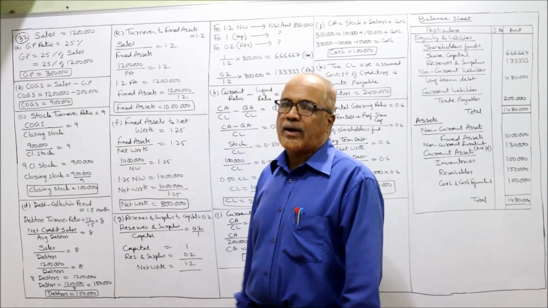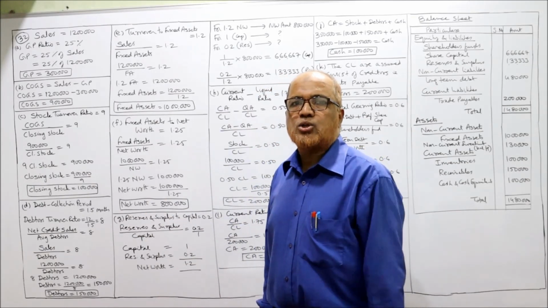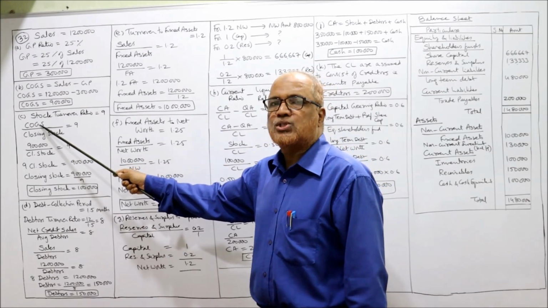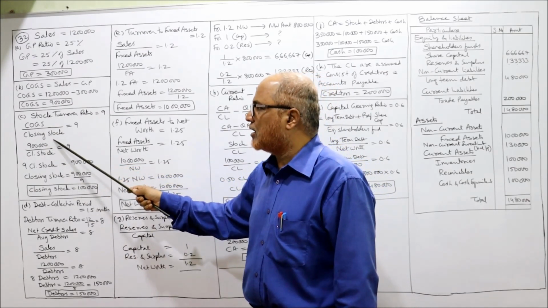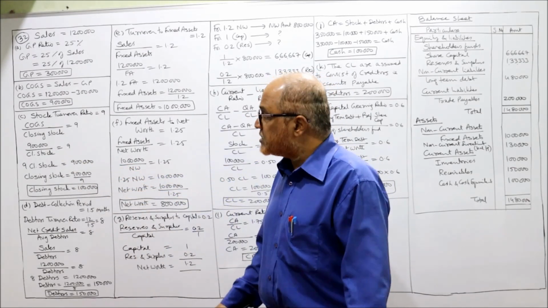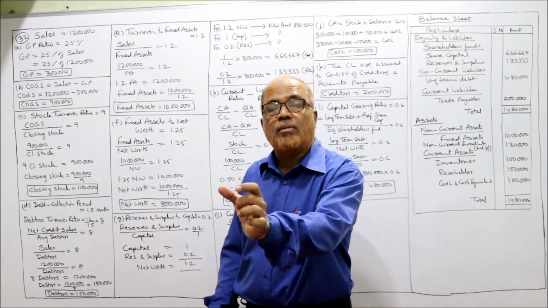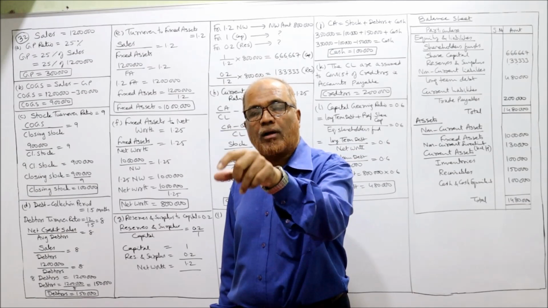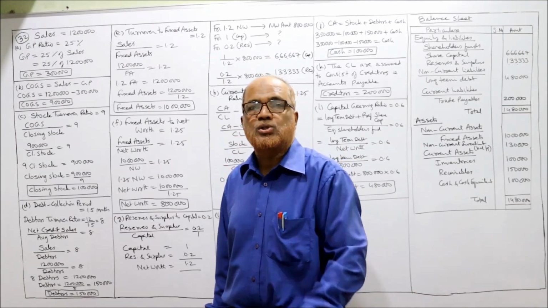Now stock turnover ratio. Stock turnover ratio is given in the problem, 9. The formula for stock turnover ratio is COGS by average stock. But we cannot use that, because in the problem itself the formula is given. Stock turnover ratio, in brackets the formula is given: COGS by closing stock.